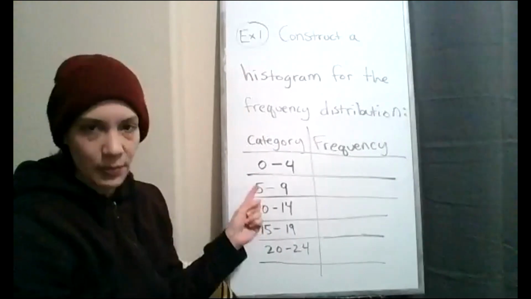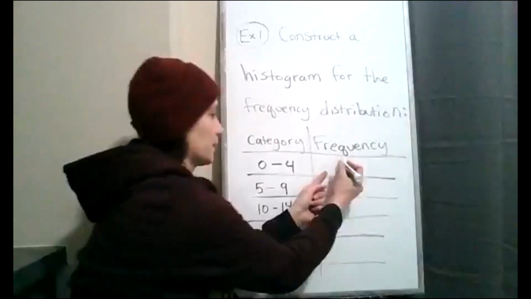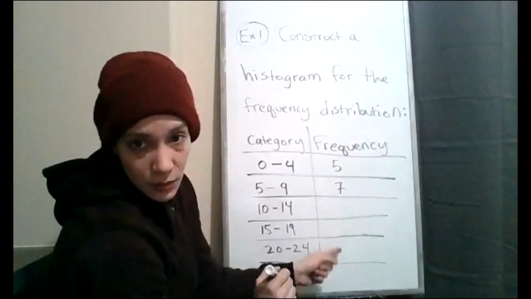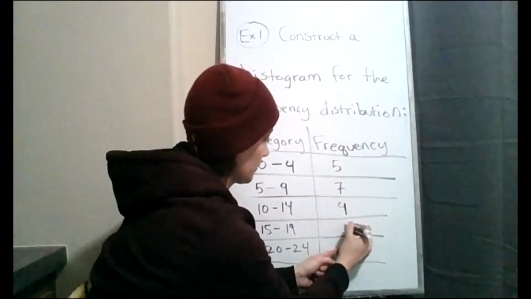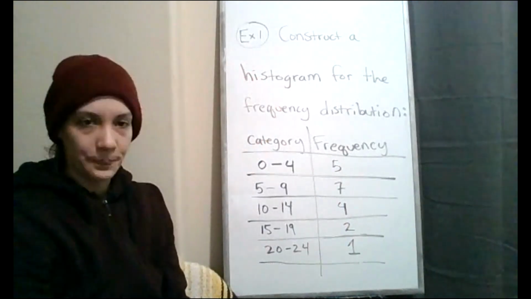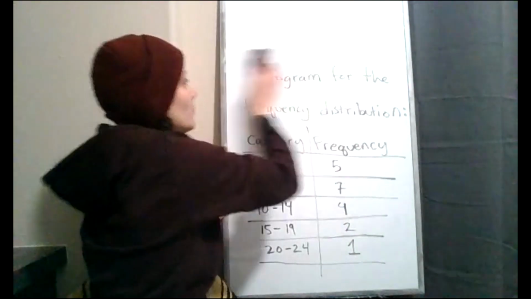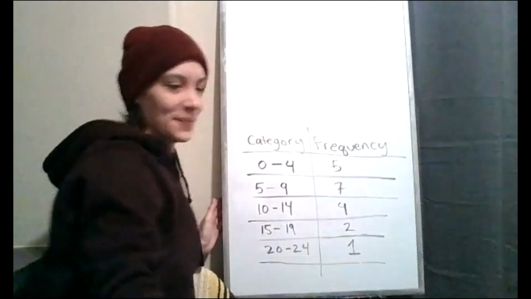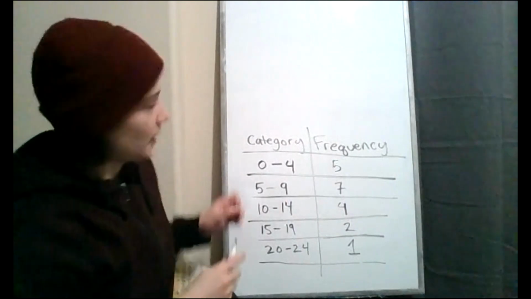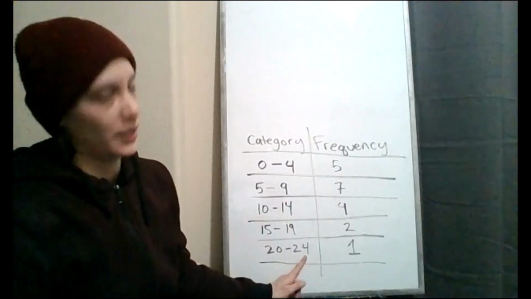I'll put this note up in a second, but these are called classes. For the first class, the frequency is 5. Next one is 7. 4, 2, 1. We need to start at 0 and end with a number close to, put 25.